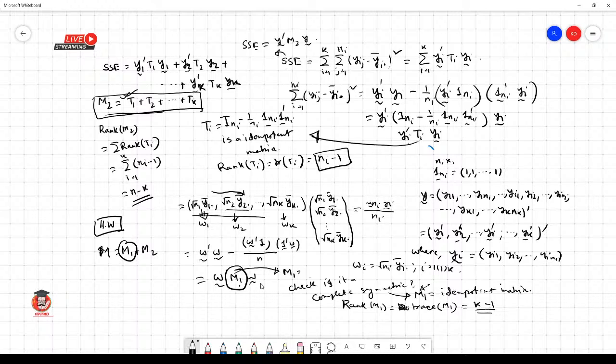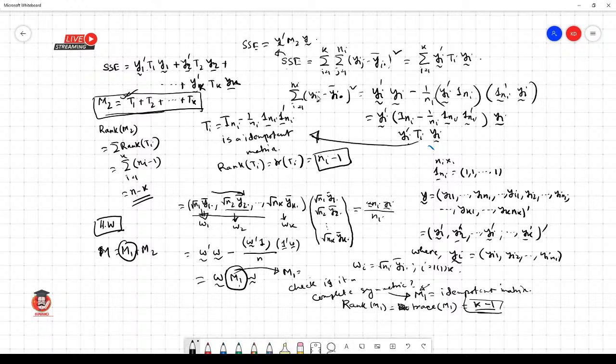My guess is M1 should be idempotent. Then find the rank of M1. If it is idempotent, then the rank of M1 equals the trace of M1, and if it is complete symmetric, then you can easily see that this trace is something times a constant, and it is k minus 1. Check that the rank of M1 is k minus 1.